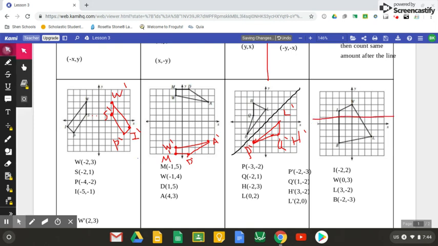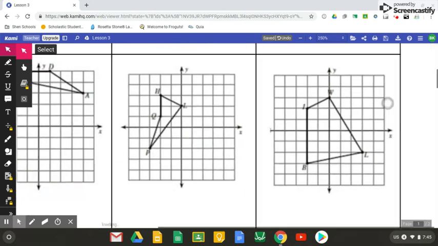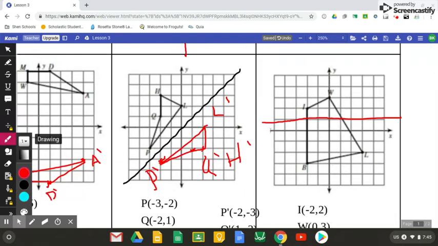The rule is to count to the line and then count the same amount past the line. So you see I right here? Well, that's 1 to the red line. So I want to go 1 past the red line right here.